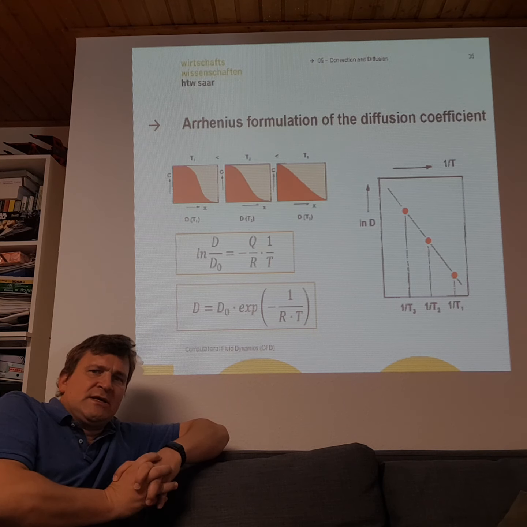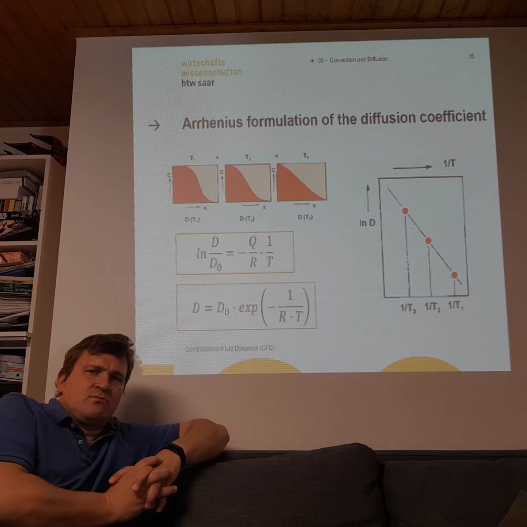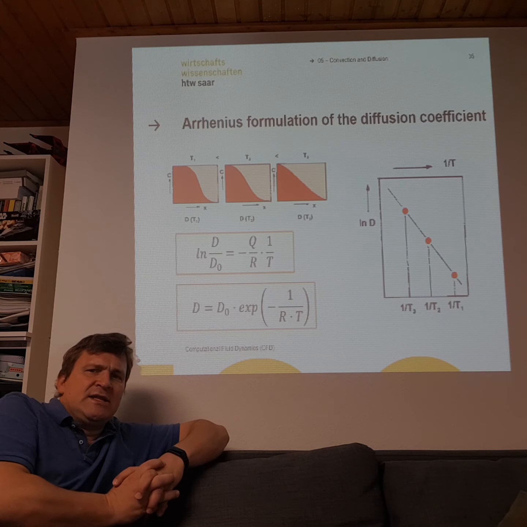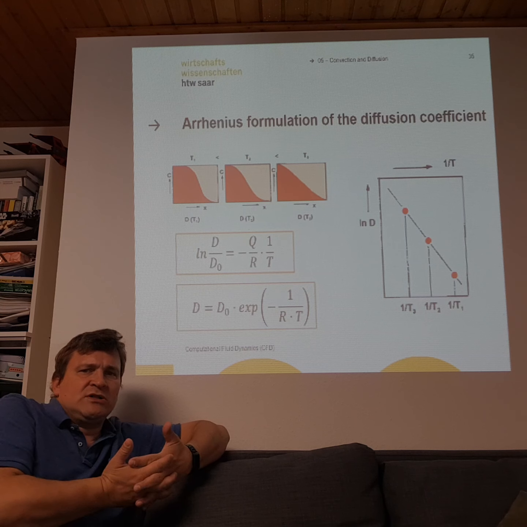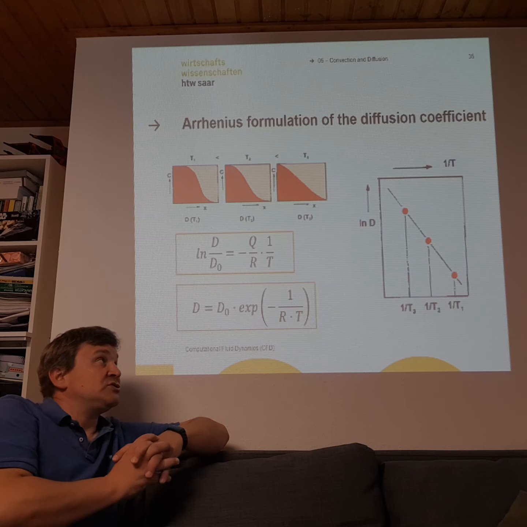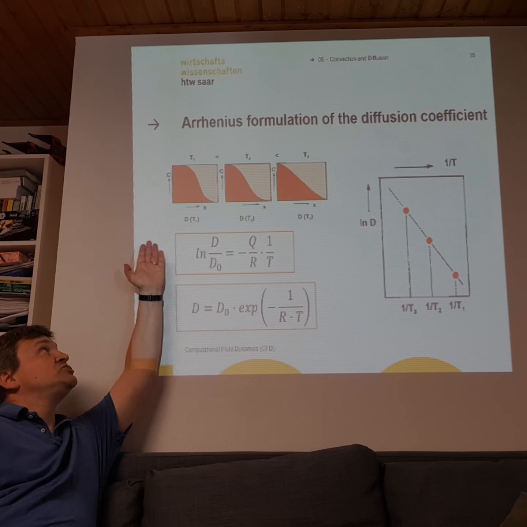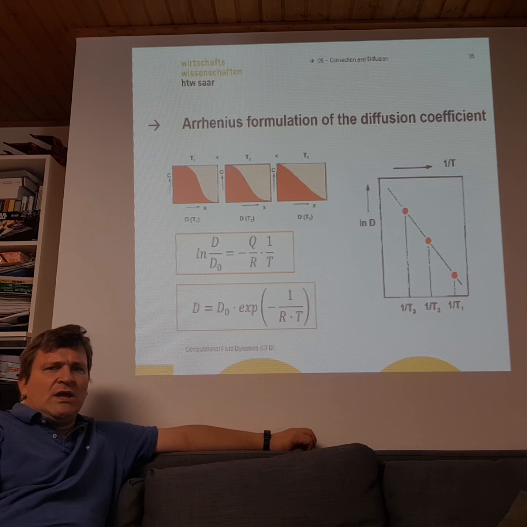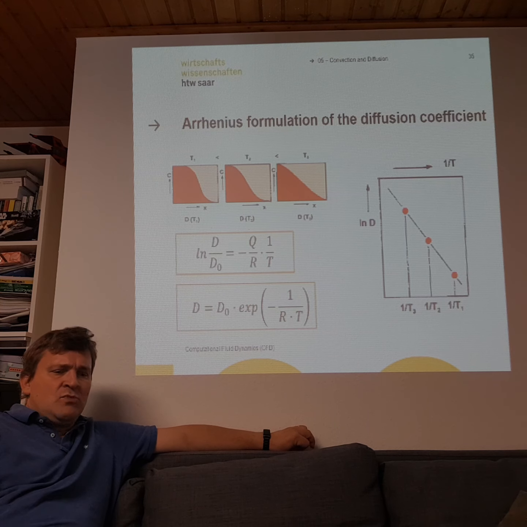But in nature, this is a bit more complicated because the diffusion coefficient is a fluid property and it is not linear. It's just a model that we use linear behavior of the diffusion coefficient. Normally, the diffusion coefficient will be non-linear, and this will make the mathematical formulation even more complicated.